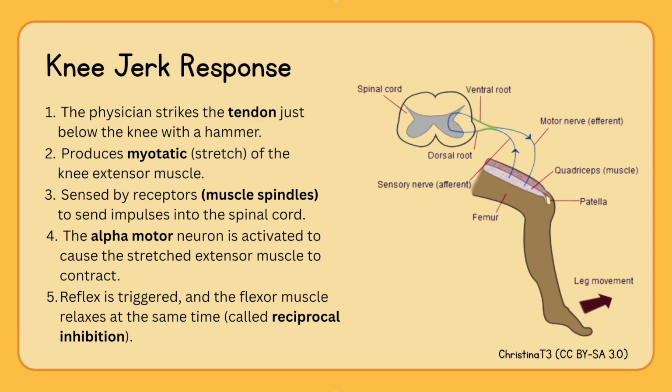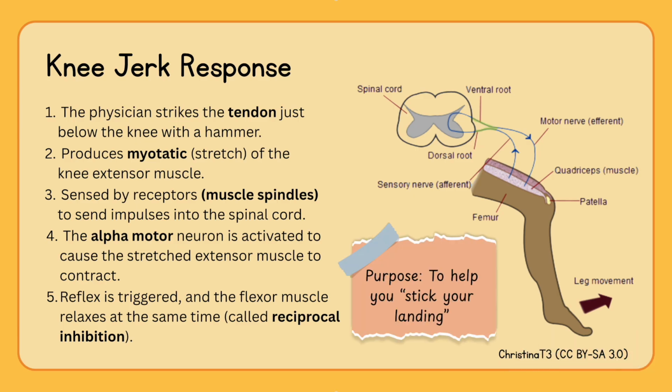When one muscle contracts and the other one relaxes, that's called reciprocal inhibition. And it's super important because you can't have an extensor and a flexor contract at the same time. Perfect. So the purpose of this knee-jerk response is not just in the doctor's office, but it's to help you stick your landing.